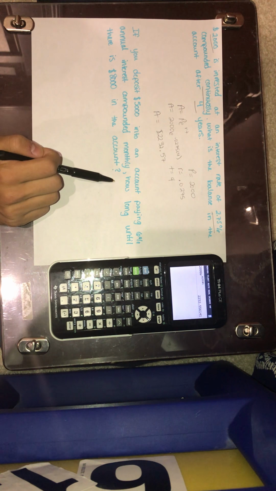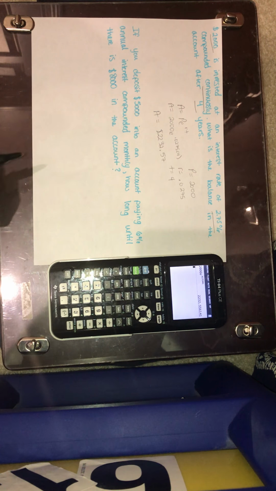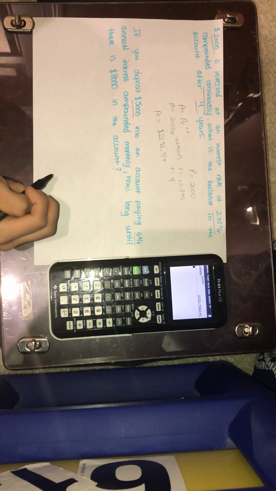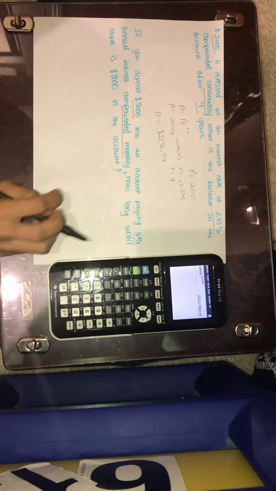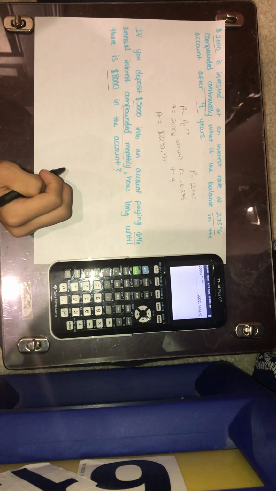This is going to be the hardest it's going to get. Okay, so if you deposit $5,000 into an account paying 6% annual interest compounded monthly, how long until there is $8,000 in the account?